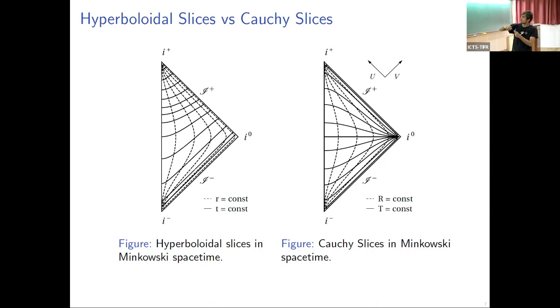So the time coordinate is not compactified at all, but on these slices we introduce a compactified radial coordinate. That's it. In conformal compactification, both T and R coordinates are compactified. In this case, T is not compactified, but R is compactified.